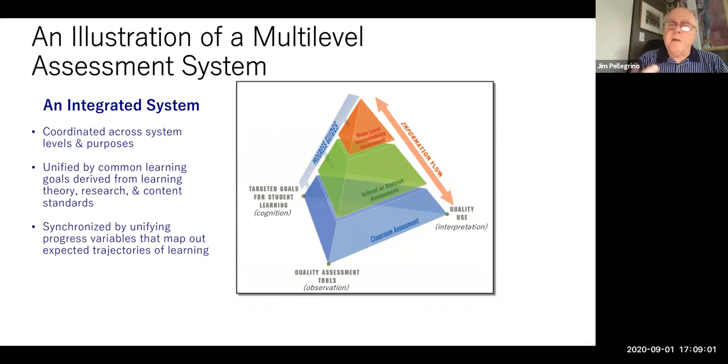What makes something an integrated system? It's coordinated across the levels and purposes. Each level is designed to fulfill its own intended purpose. It's unified by common learning goals derived from learning theory, research, and content. Again, the cognition piece. And it's synchronized by unifying progress variables that map out expected trajectories of learning.